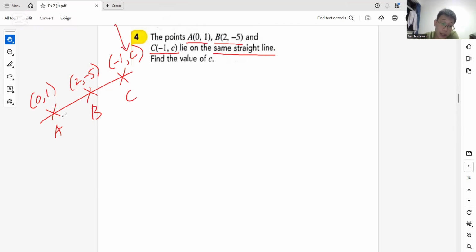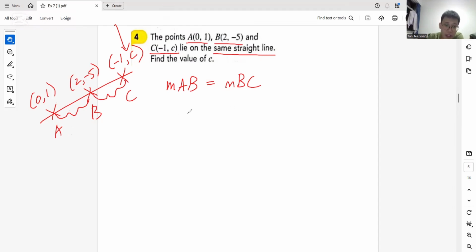If A, B, and C lie on the same straight line, it means that the gradient of AB is equal to the gradient of BC. The gradient of AB, this part here, must be the same as the gradient of BC, because they lie on the same straight line. So how do I find the gradient of AB?